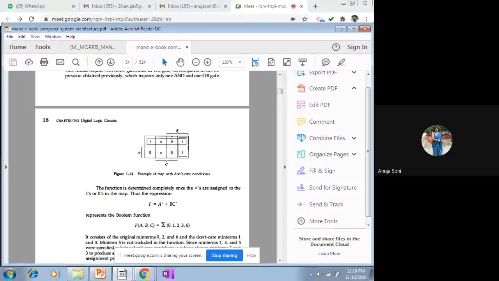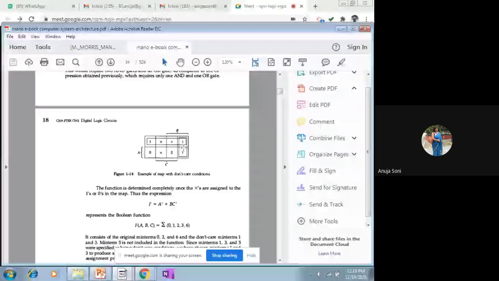So treating them like 1, you can go for a bigger group, a higher group. The more you go for the higher group, the more it will simplify the process. If a group of 4 can be formed, firstly you have to give priority to making the group of 4 in place of making small groups of two ones.